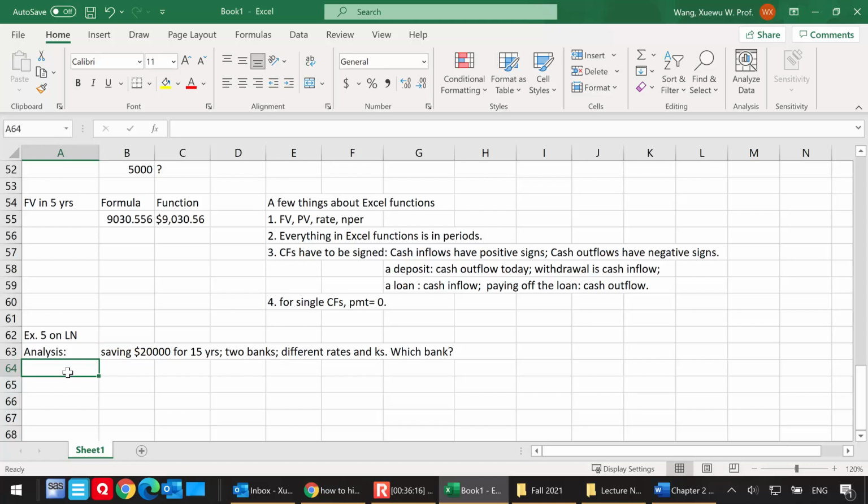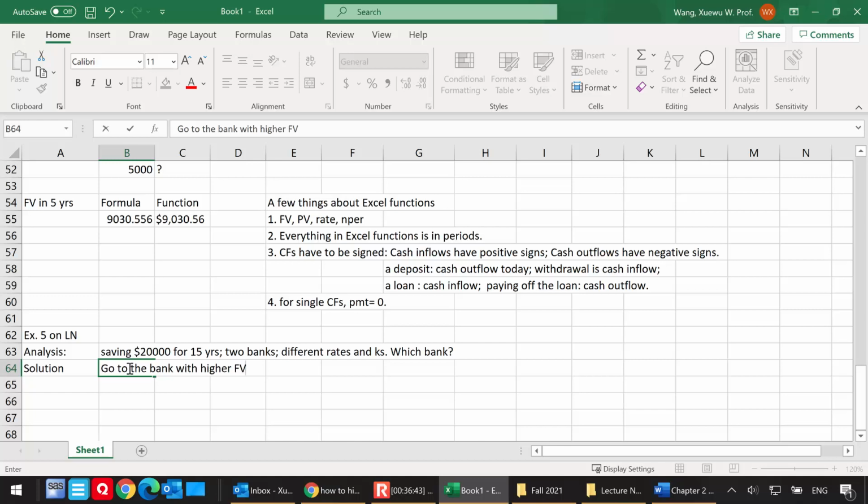So what's the solution here? What's the analysis here? Well, the solution is very simple. Standing today, we know exactly the interest rate and the compounding frequency from these 2 banks. So I'm just going to do the calculation for the future value, and I will go to the bank with the higher future value, because you're making a savings, you're making a deposit.